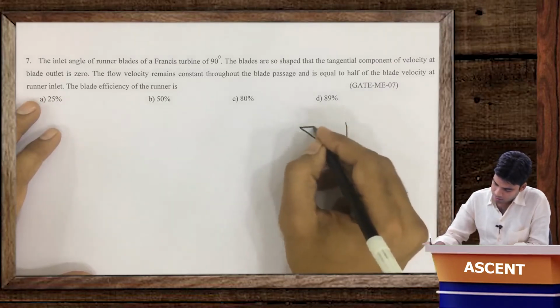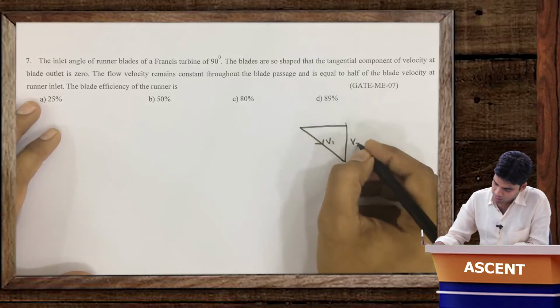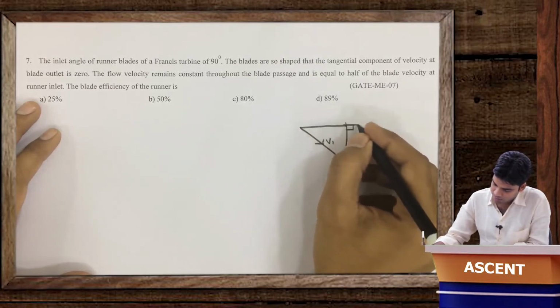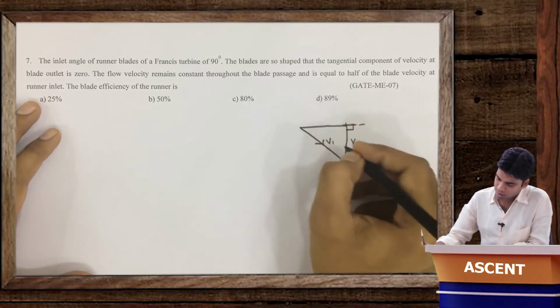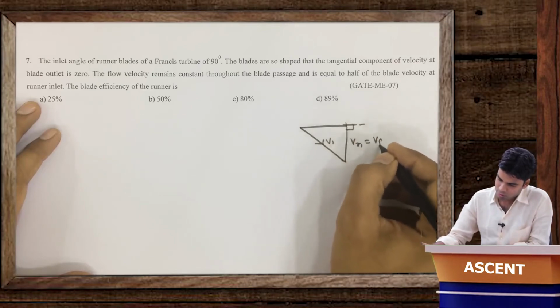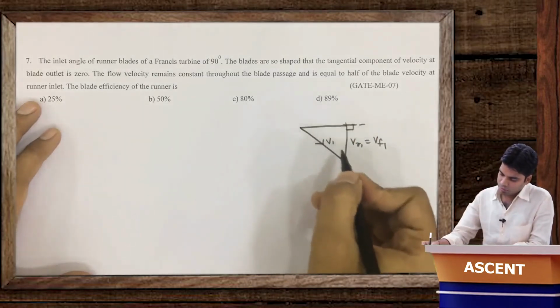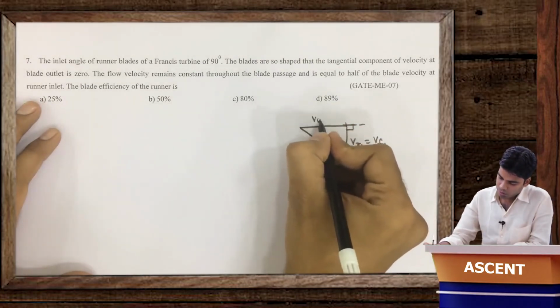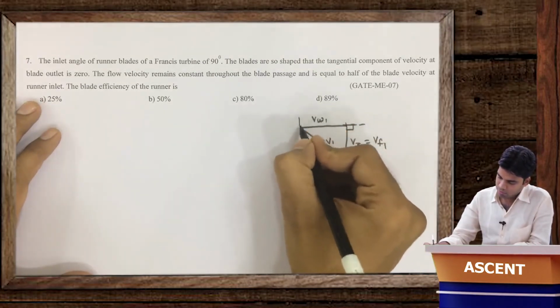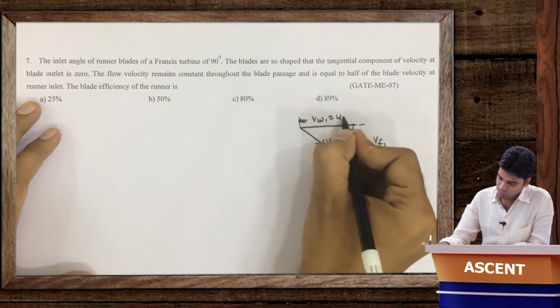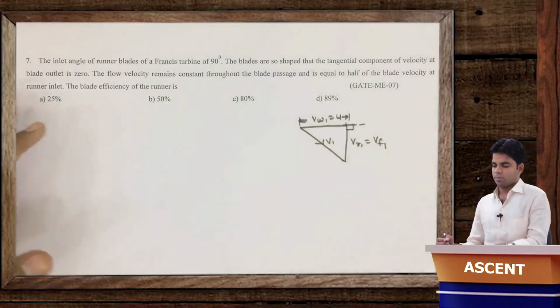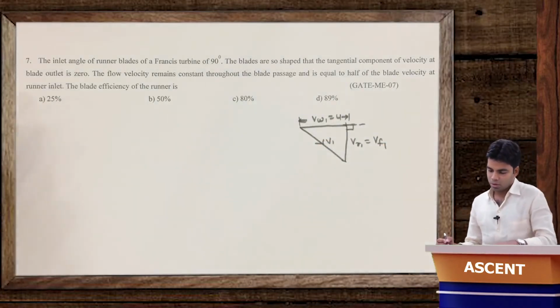This angle of VR1 is 90 degree, and this is also the vertical component of V1, so this will also be equal to VF1. Second thing, the horizontal component of V1 will be equal to VW1, and this distance between V1 and VW1 is also equal to U. Getting this now? So this is our inlet velocity triangle.